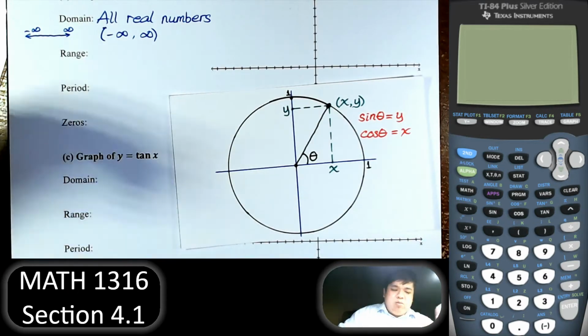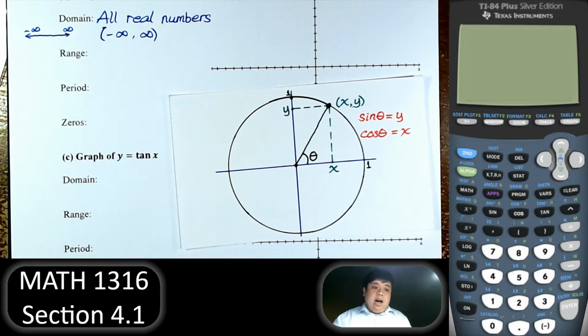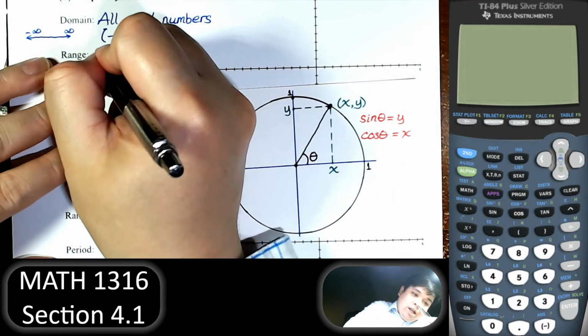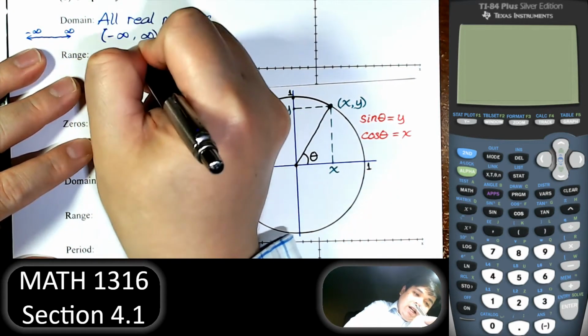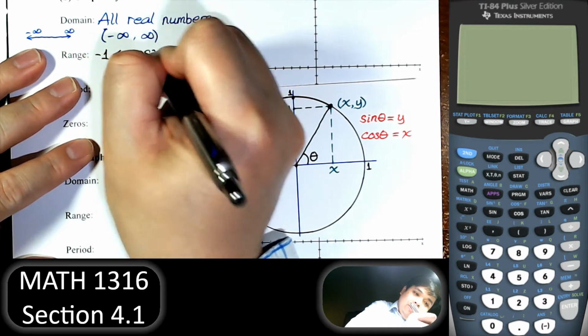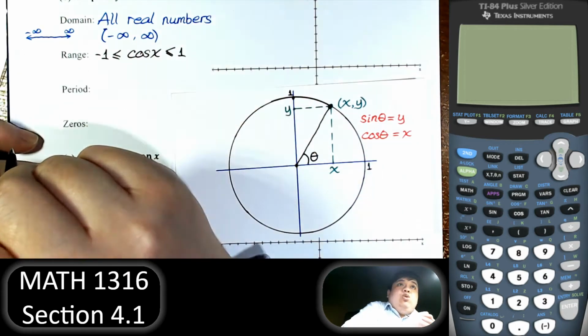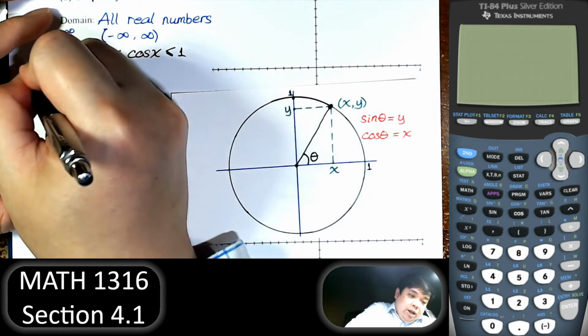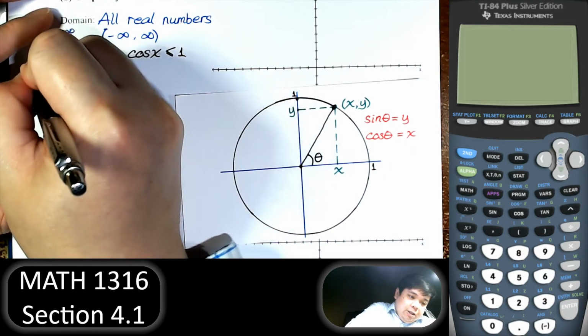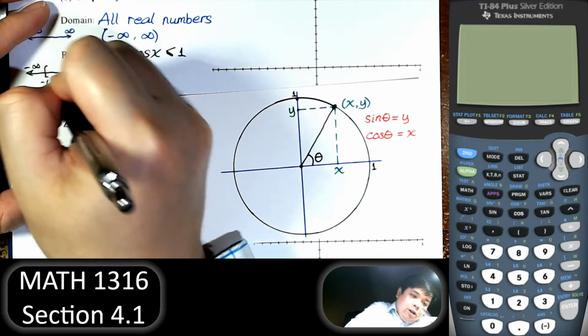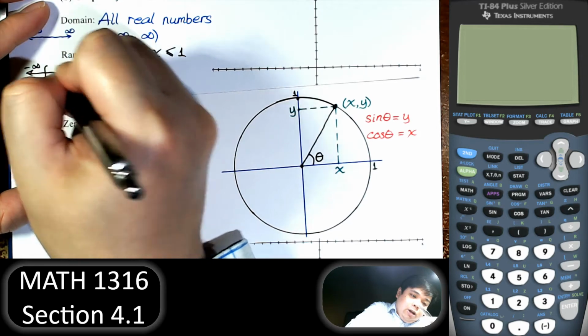And then the range, also similar to the sine function, because it is in the unit circle, the x values can only be from -1 to 1. So we say -1 is less than or equal to cosine, less than or equal to 1. Meaning that it can go from -1 to 1.